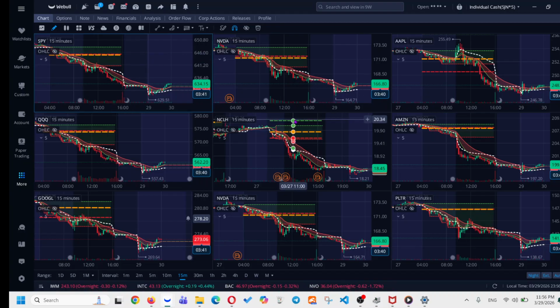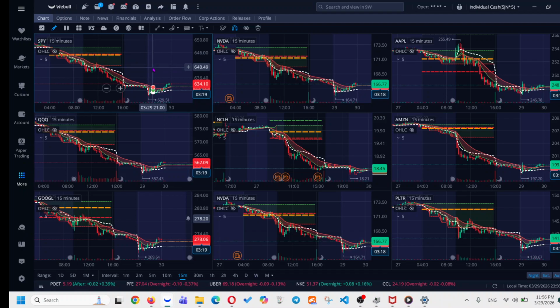And if you come here, this thick green line, the broken one, shows the previous day high. So this is previous day high, down here is previous day low, and the orange broken line shows the previous day close. So my trading is usually around these trend lines, these support and resistance lines.